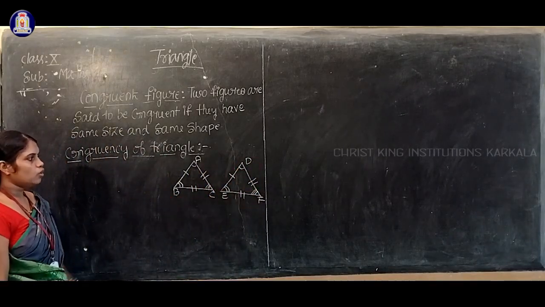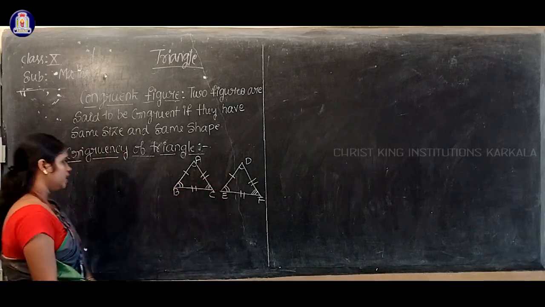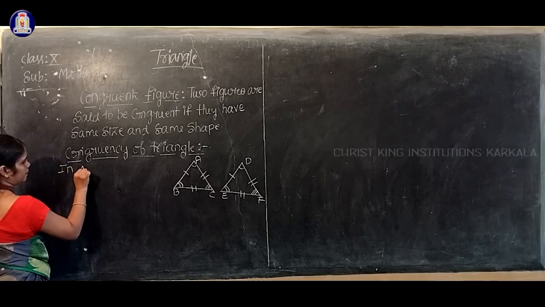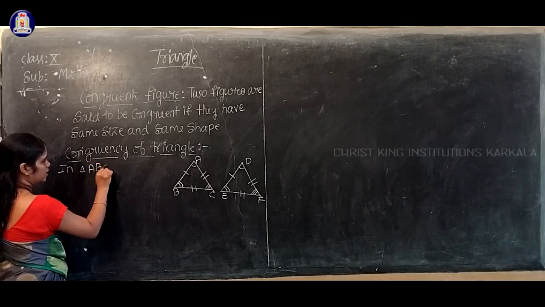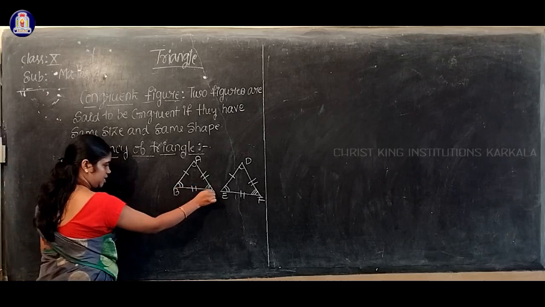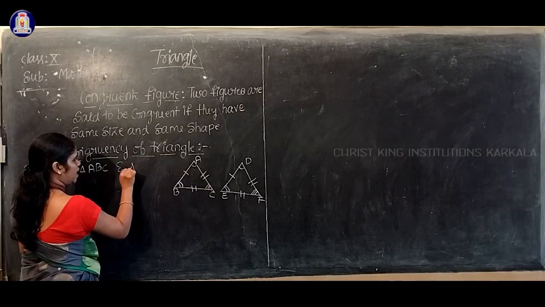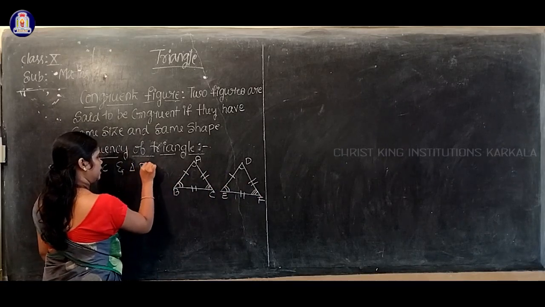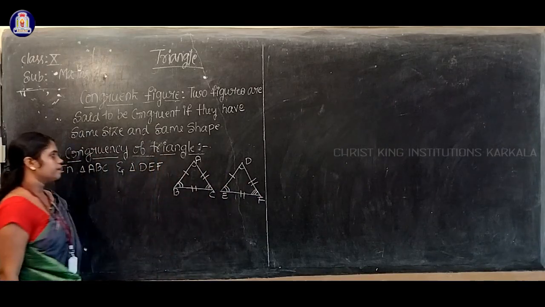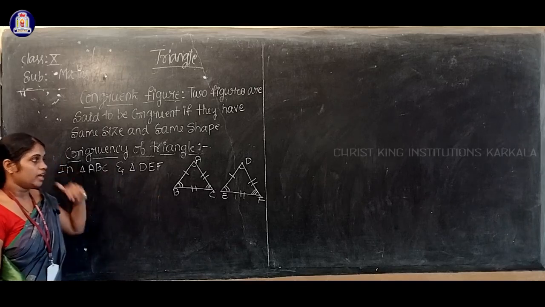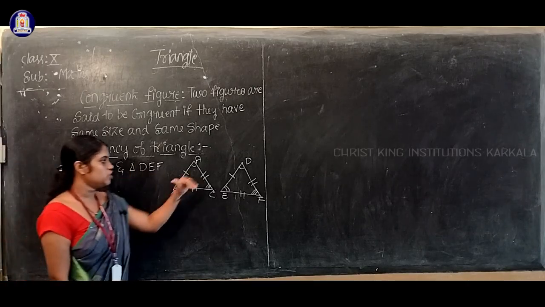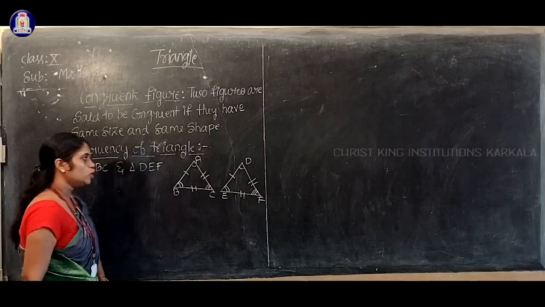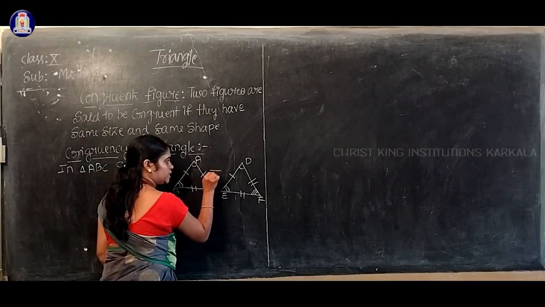Now I will consider two triangles, triangle ABC and triangle DEF. When can we say these two triangles are congruent? What is a congruency symbol?